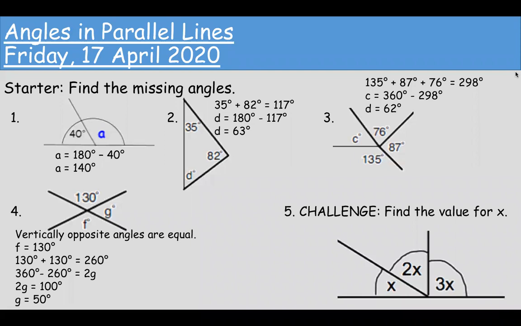I'm not yet, I'm almost done. Okay. And those who are done, try doing number 5.